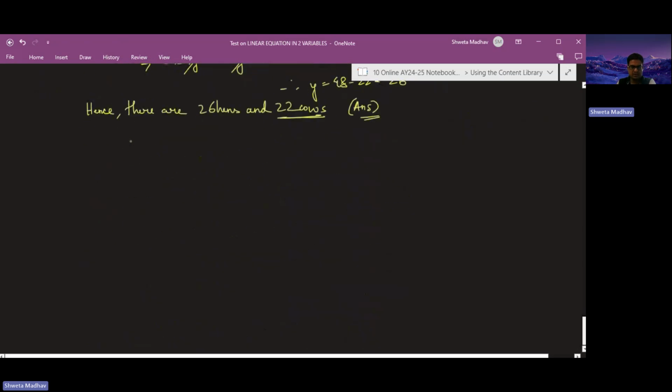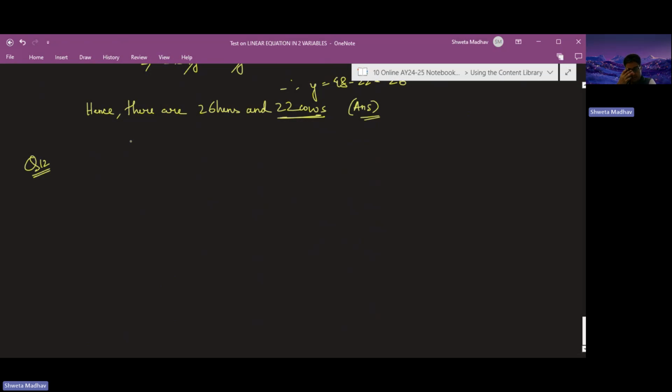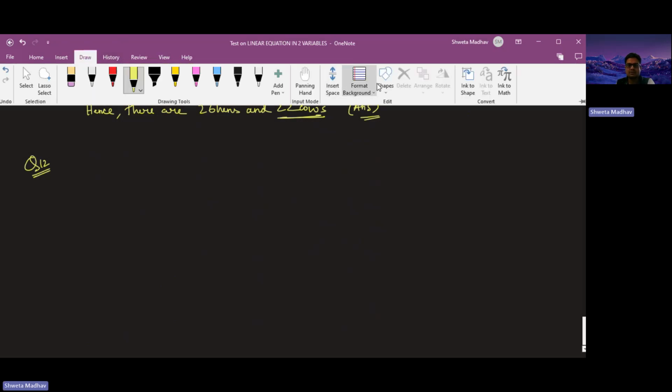Then in question number 12, it has been told that in the figure ABCDE is a pentagon.